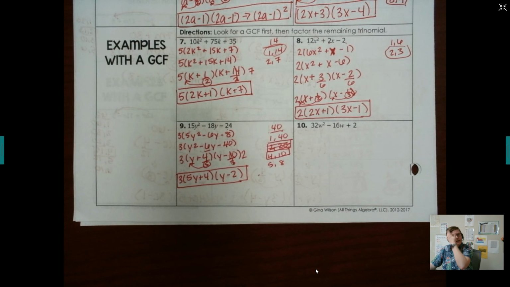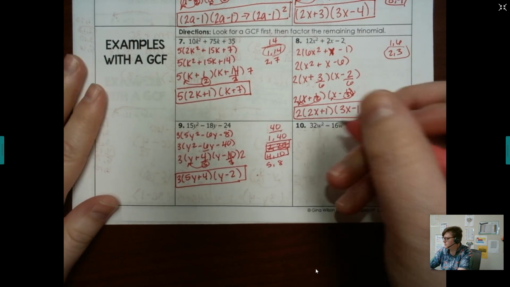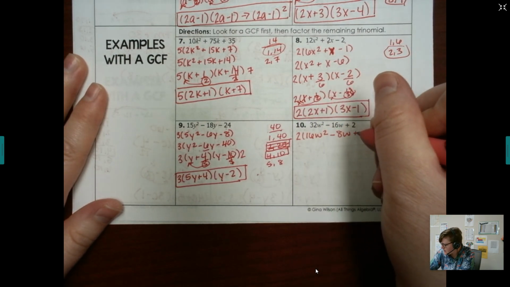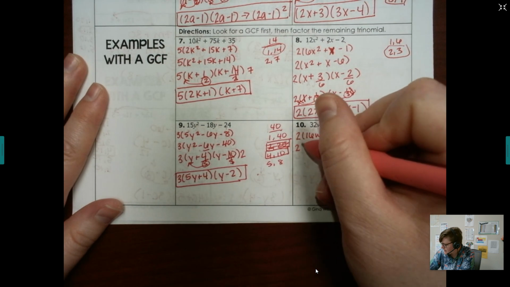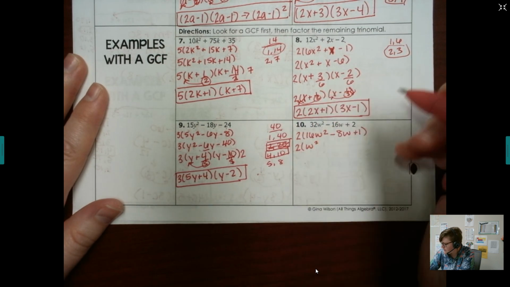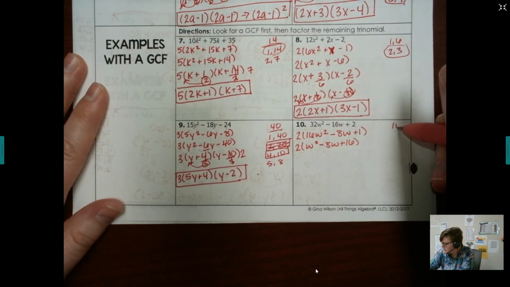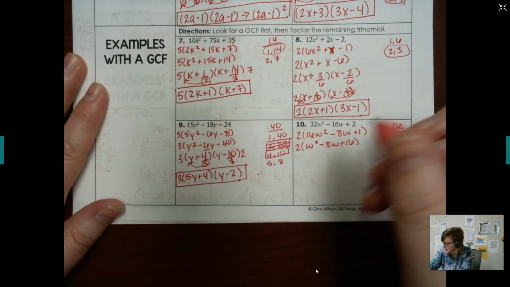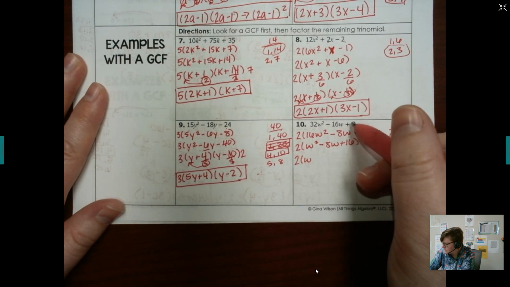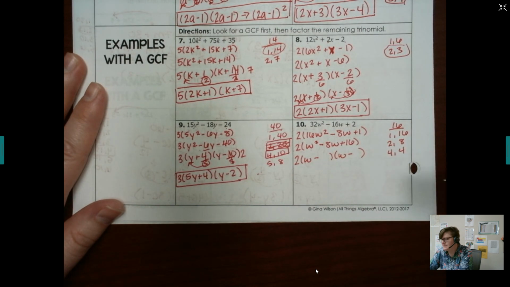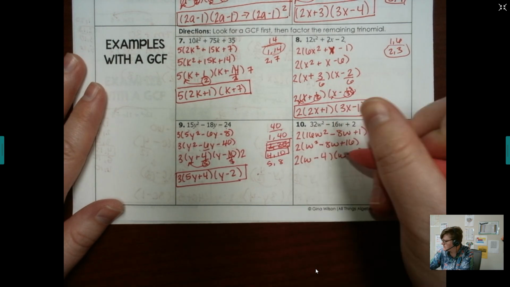Okay, last one, all divisible by 2. Okay, again, multiply that leading coefficient by the constant at the end. And we've got w plus at the end, minus in the middle, so both are negative. And we want them to add to 8. 4 is our clear choice here.